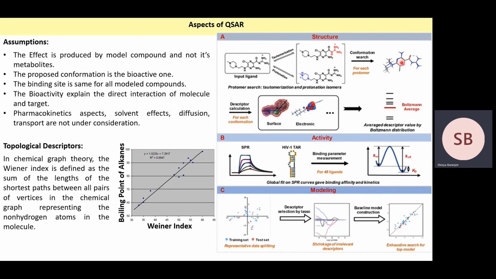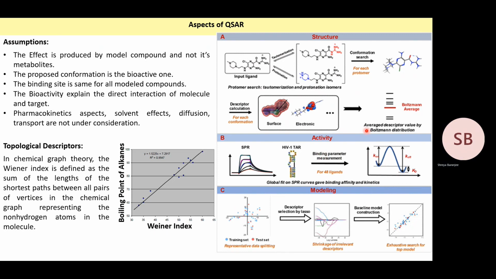Each conformation is described by a set of descriptors, which define its surface potential, its electronics, etc. And the descriptor value is given a numerical value. Then the activity is checked to find the binding affinity and kinetics in order to screen the ligands.